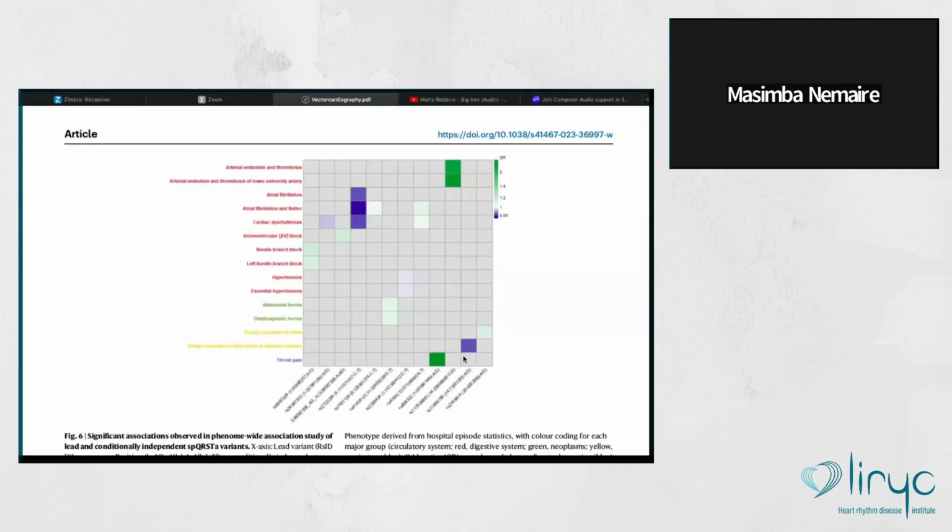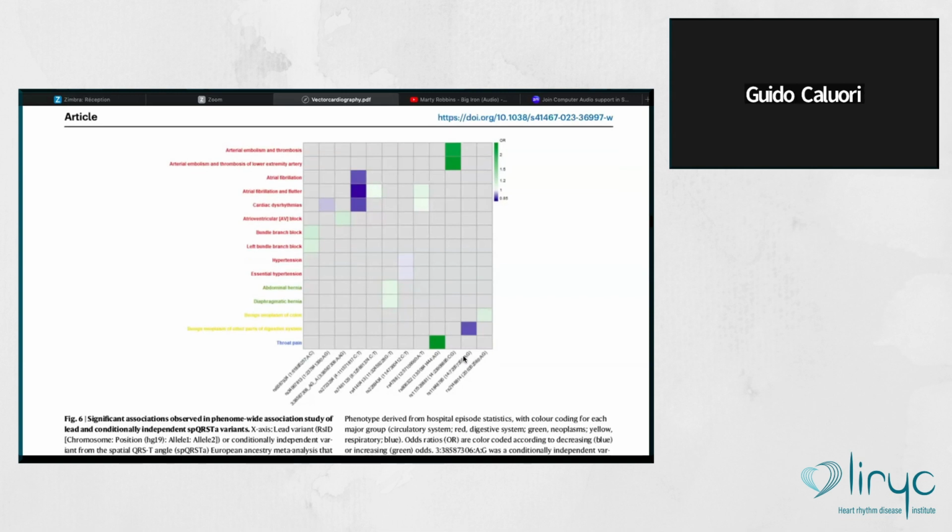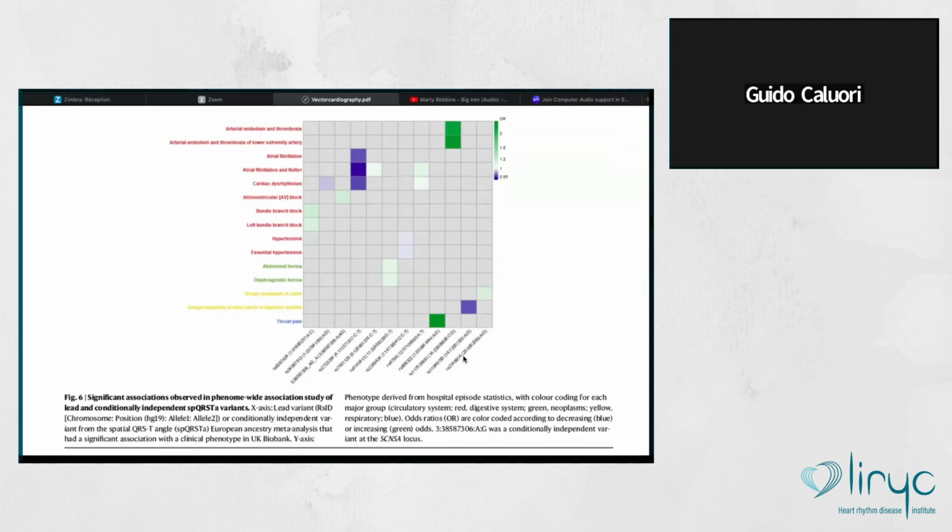Okay, figure 6. Yeah. You can see it. Yes. So you can see, this is, I don't know what it means, a phenome-wide association study, and it goes backwards to associate particular alleles with diagnosed or known conditions, but I don't really understand these alleles.